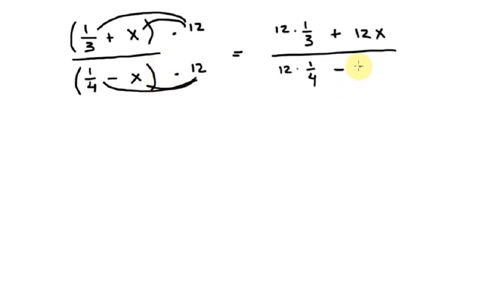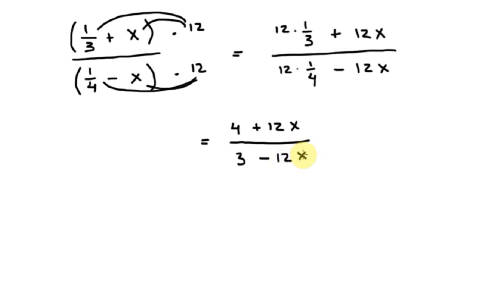So that's going to be a negative 12x. So how does this help? Well, 12 divided by 3 is 4, so here's what the top becomes. That's not too bad. And the bottom, 12 divided by 4 is 3, and then I have minus 12x.